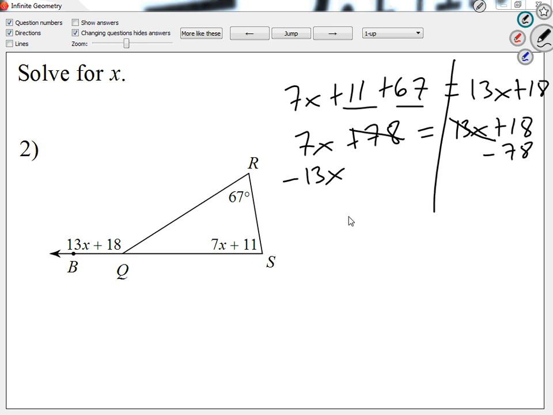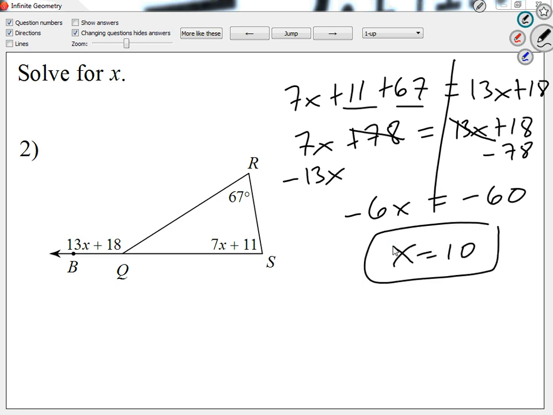Negative 6x, yes? On the right, how much is 18 minus 78? Negative 60. There's negatives, we can deal with it. X equals 10. Not bad, right? Letters one side, numbers on the other. Alright, any other questions for the first 8?